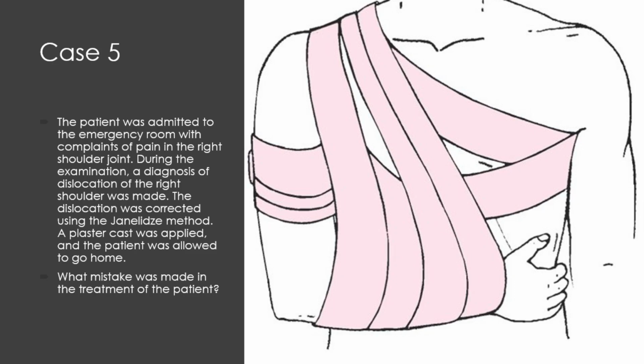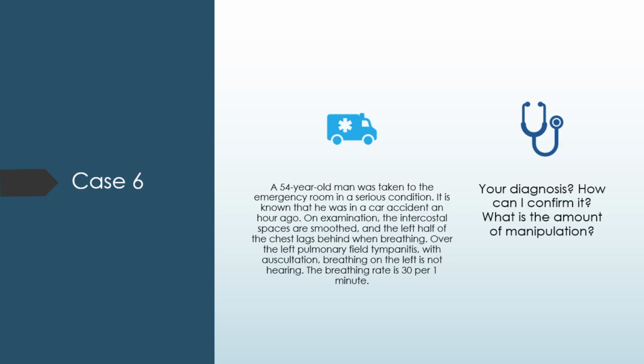I think you don't know what the Janelidze method is, but it is a method of reduction of a dislocation of a joint. They corrected it, a plaster cast was applied, and the patient was allowed to go home. What mistake was made in the treatment of the patient? Write the answer to case number 5 in your copybook.